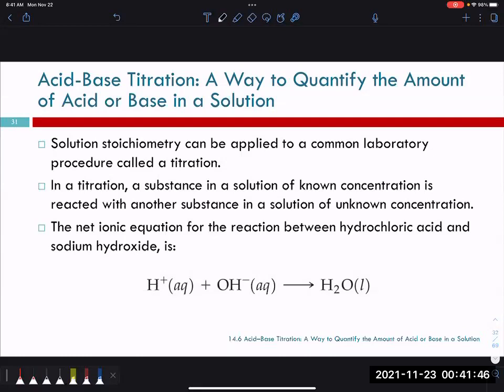So if we added some number of moles, let's just say we add 1 mole of acid, and our solution becomes neutral, then we have 1 mole of the base.